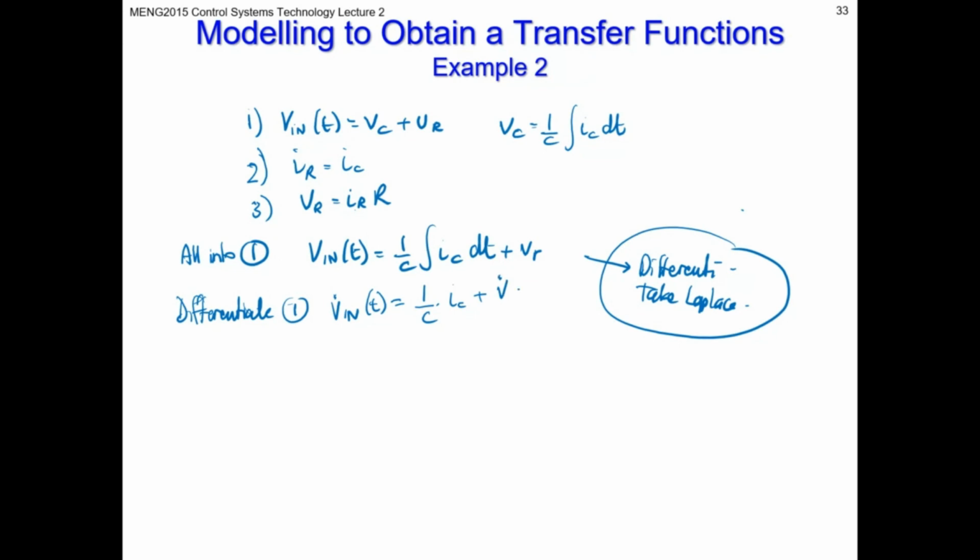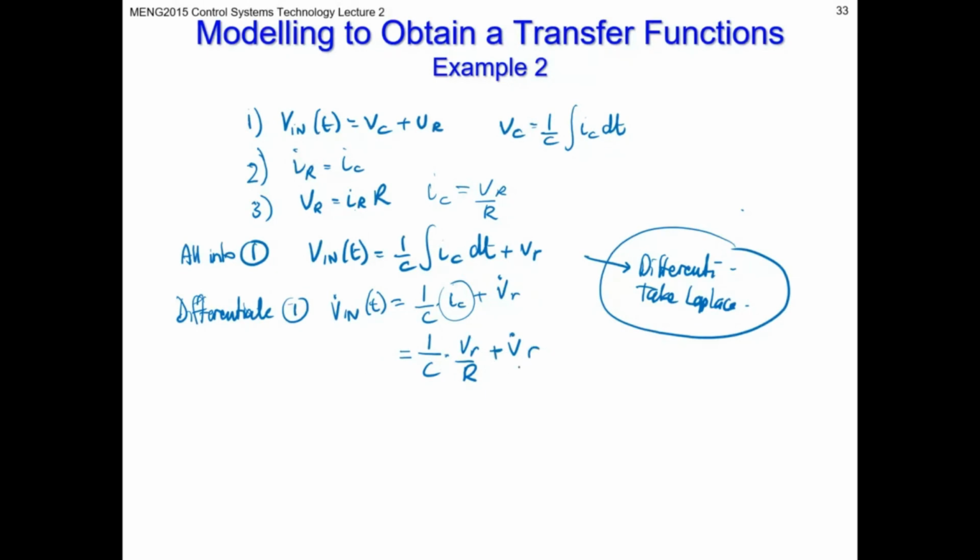And then we take the first derivative of R. IC is the same as IR, so IC equals VR upon R. We can substitute that in here: 1 upon C times VR upon R. I just missed this step when I was looking at my notes and got a little lost, but I've got it back now.